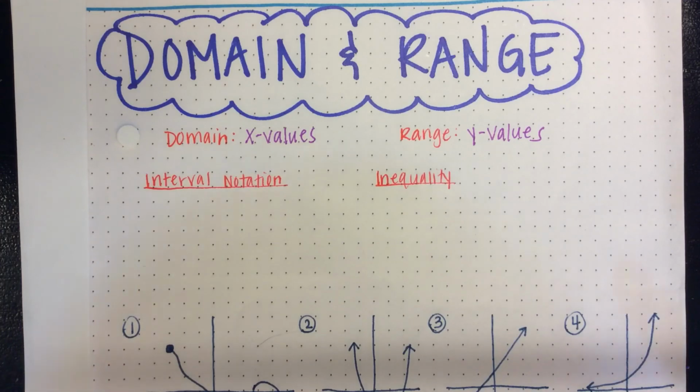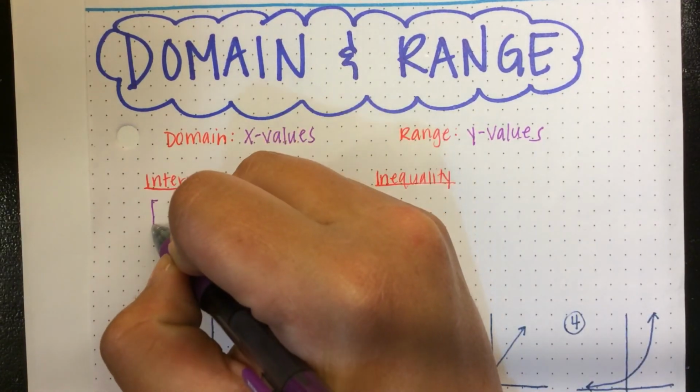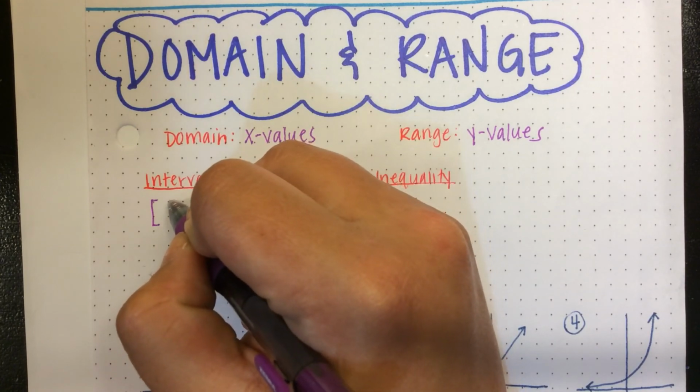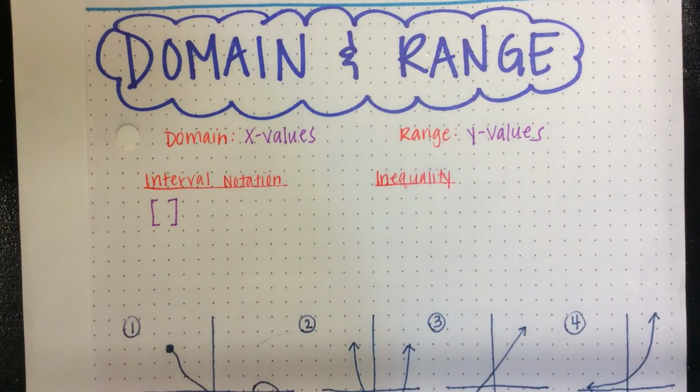Okay, so interval notation looks kind of weird. It goes back to that open closed circle thing that we've talked about some. Remember, if you are saying all the x's that are greater than or equal to something, we have that closed circle. If it's just greater than, it's going to be an open circle. So here, if it's or equal to, we're going to use brackets.